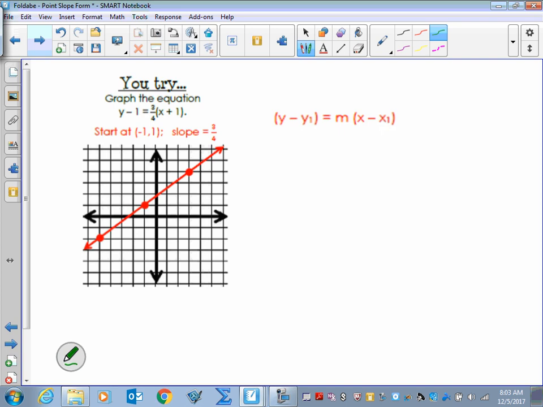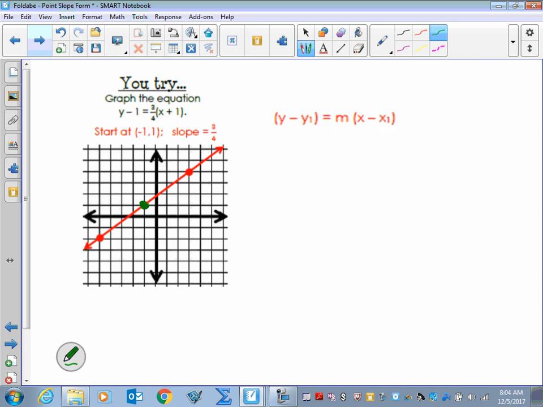So my equation is y minus 1, so the y coordinate had to be a positive 1. The x says x plus 1, so the x coordinate had to be a negative 1. So there's my point. Here's my slope, 3/4. So I'm going to start at -1, positive 1.